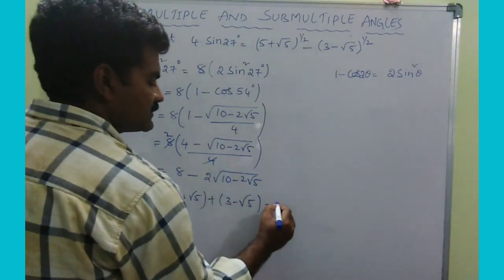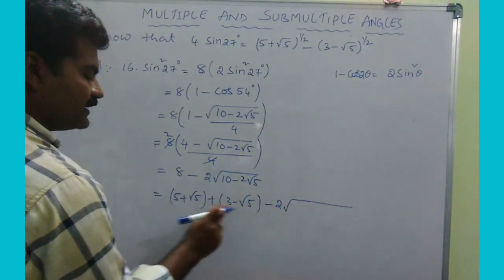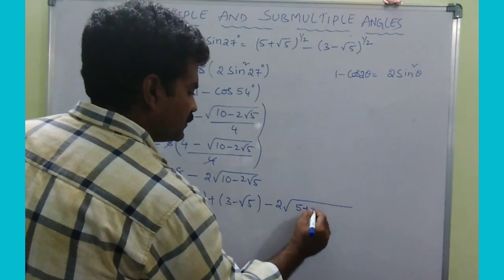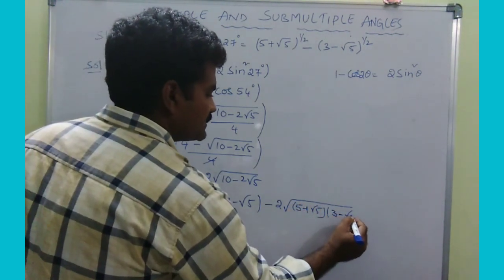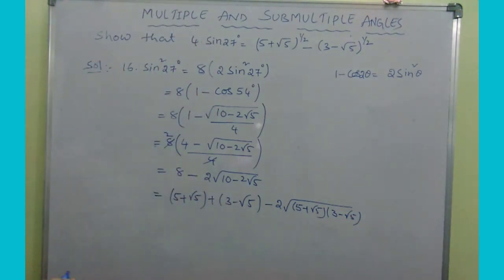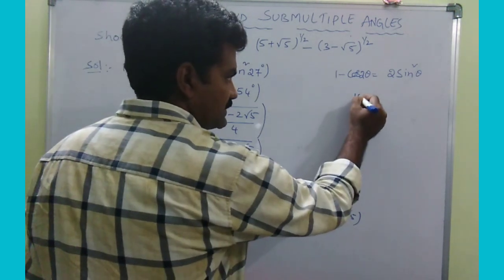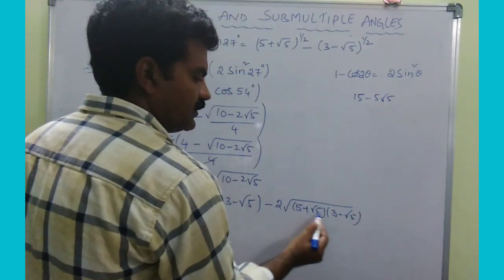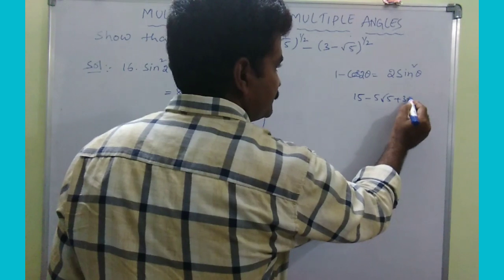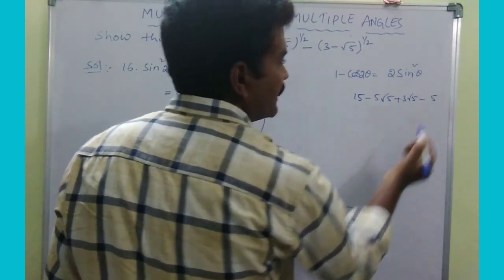And minus 2 into root of 10 minus 2 root 5: let us see the product of these two. 5 plus root 5 into 3 minus root 5. If you simplify these two, what is the simplification for this? If you multiply with 5, 5 3s are 15 and minus 5 root 5 followed by plus 3 root 5, and plus into minus root 5 into root 5, which is minus 5.